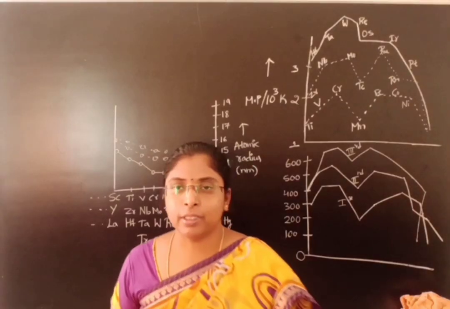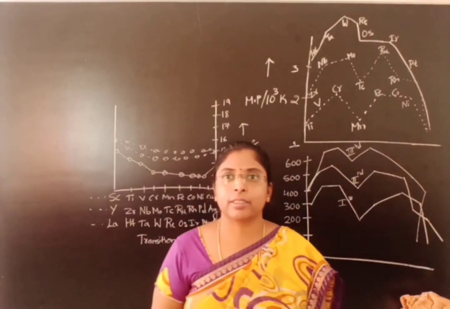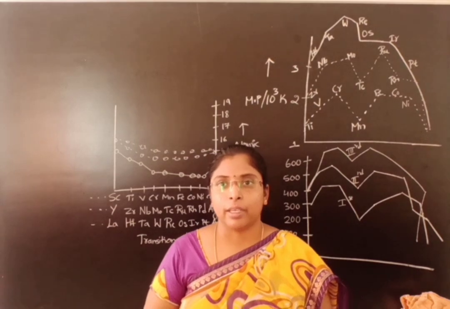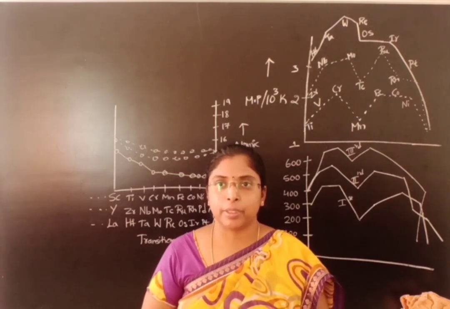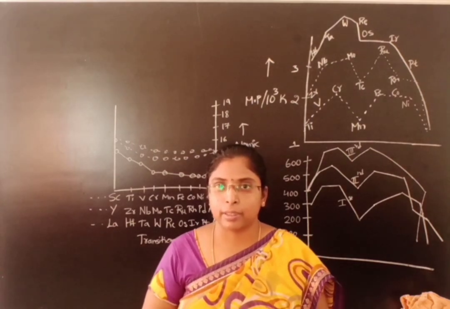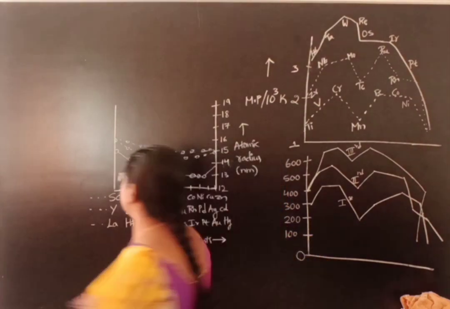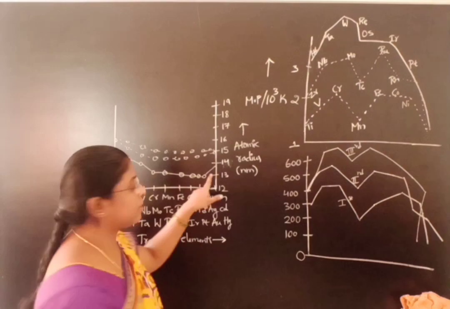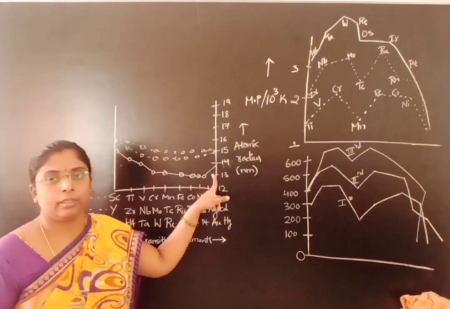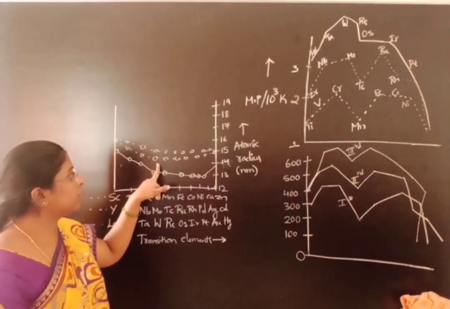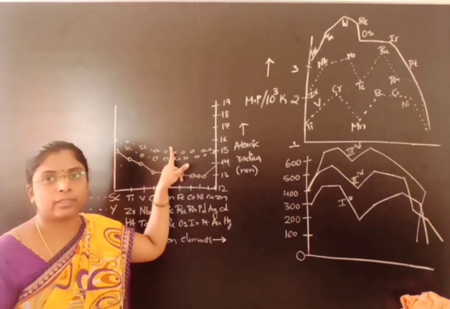Good morning, everyone. In the last session, we discussed ionization enthalpy, atomic radius, and ionic radius. In atomic and ionic radius, we discussed the first transition series, and here the second as well as the third transition series.